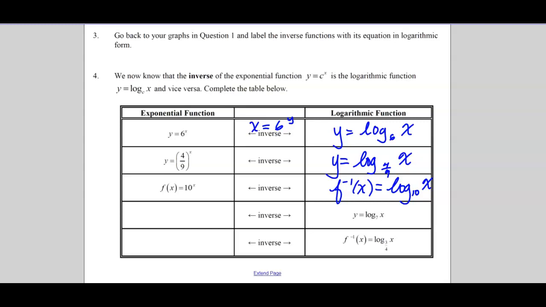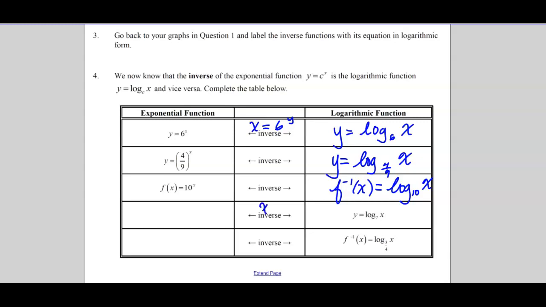It's so common that we don't have to show it. Just like a square root, we don't show the index of 2 because it's so common. You can show it, but you don't have to. So same with log base 10, you don't have to show the 10, but everything else you do. Okay, so this is the logarithmic function of the inverse.